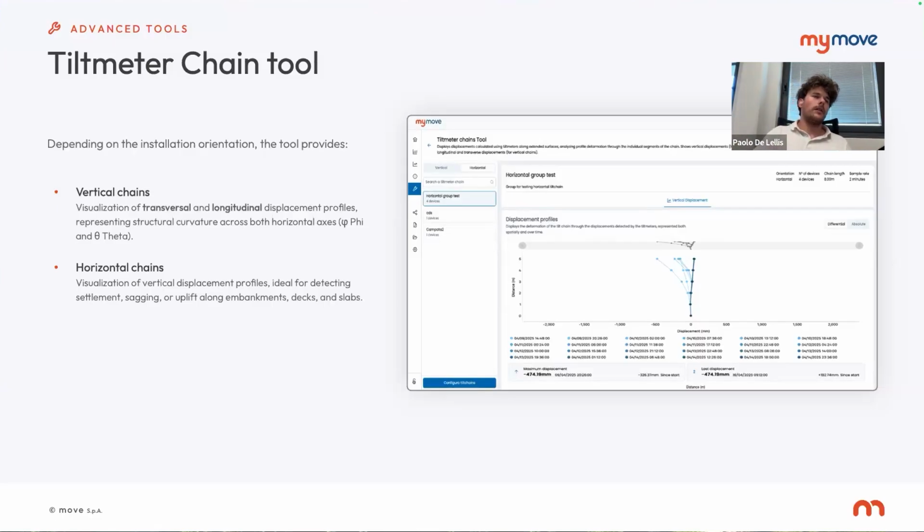And this is important to discretize, for example, a vertical section or a horizontal section, to understand, for example, the stability of a tower or a pole.